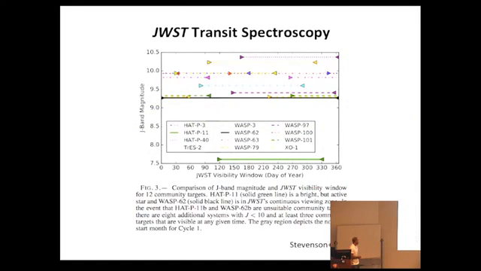So Kevin has done a study of what's the best planets to look at. And so he's done this in terms of JWST's visibility during the year. We have an expectation for when JWST will launch, but that's 2 years from now. Things will move around. It'll probably be later than earlier. And so we want to be able to do these observations as soon as possible when JWST is up there and operational.